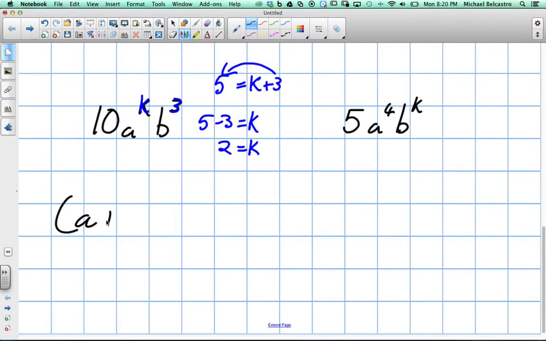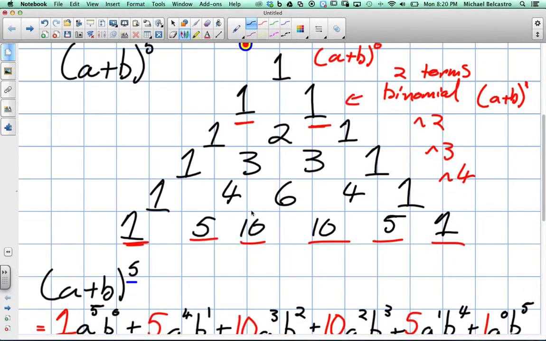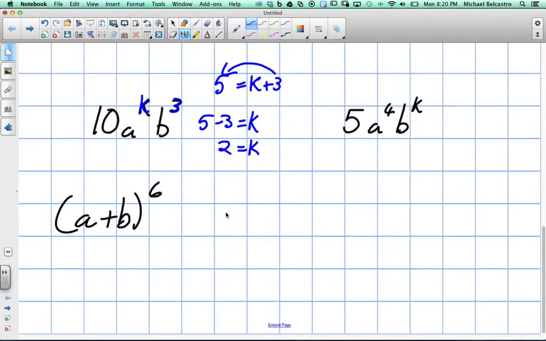Let's say this is (a + b) to the power of 6, okay? And I'm going to make up the value. It is going to be 20a^kb^k. So, a little tougher. Our k's, they haven't given us either. But we know they have to add up to what value? 6, okay?